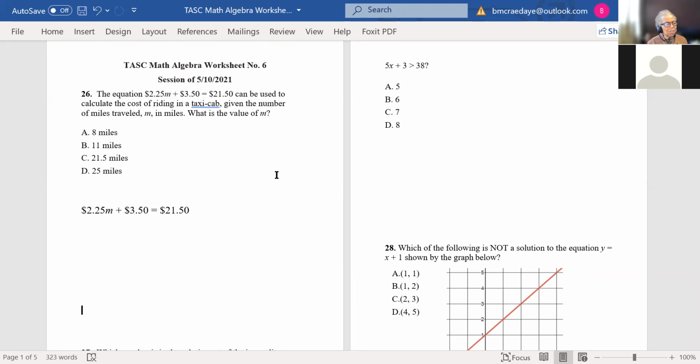What do you do first, Maureen, to solve this equation for m? What's your first step? You're trying to solve for m.